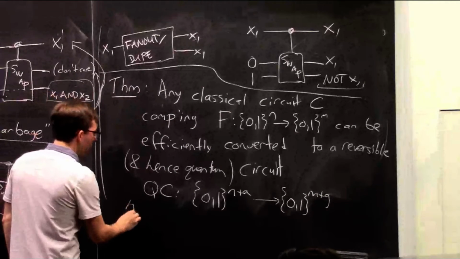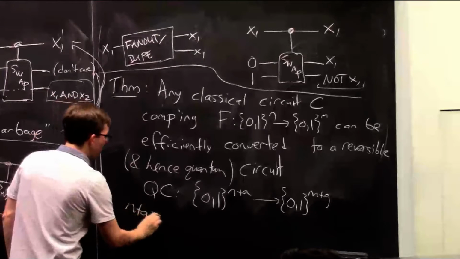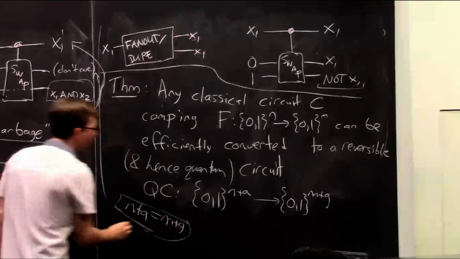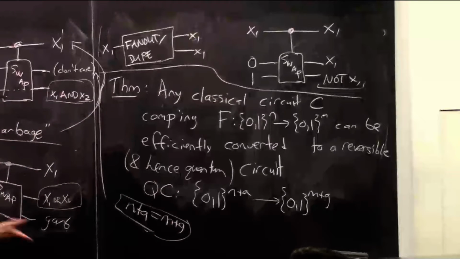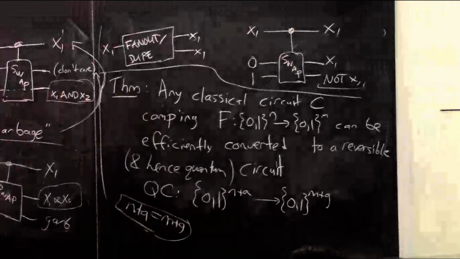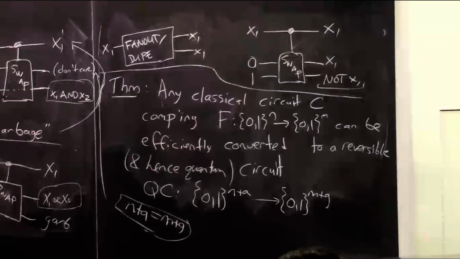And the number of input bits is the same as the number of output bits, so n plus a equals m plus g. And in what sense does this new quantum circuit compute the function f?